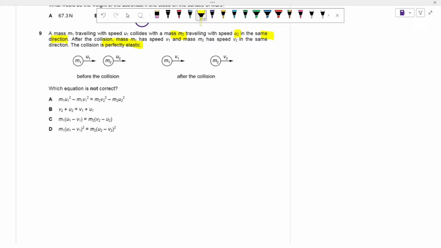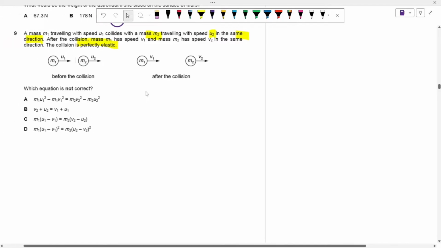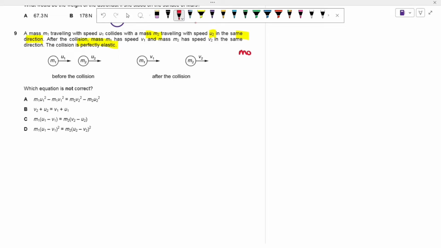So I need you guys to understand what the word perfectly elastic actually means and what it entails for this kind of collision. For a perfectly elastic collision, one thing that you need to know is that momentum is conserved. So a very, very important key aspect is that momentum is conserved. And what this tells me is that the momentum before we collide should be equal to the momentum after we collide, right?